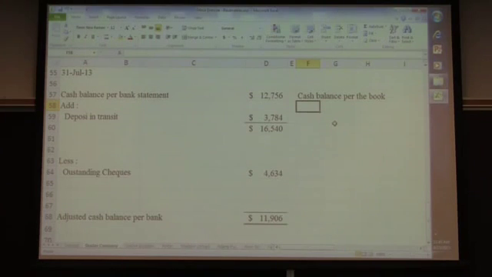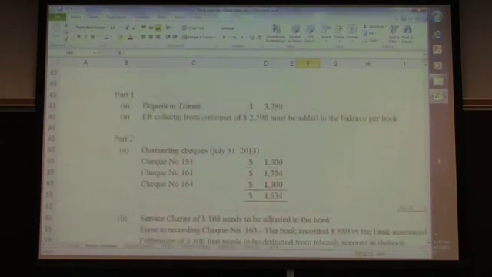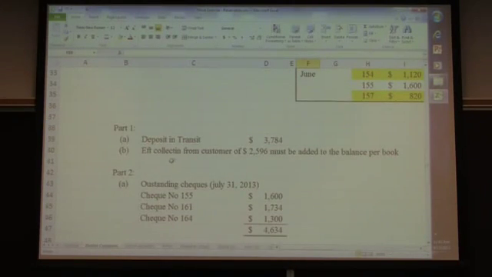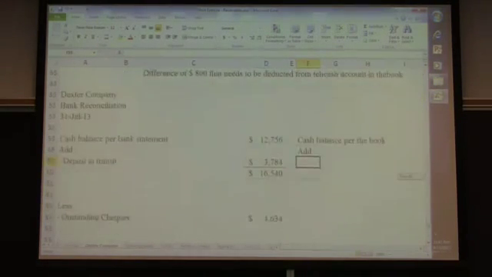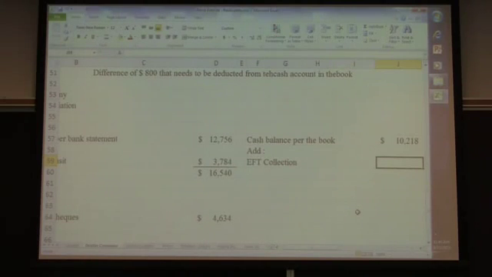If you take a look at the balance for the book, we have already mentioned earlier that there is an electronic deposit that needs to be accounted for in the book. So we should add the electronic deposit, which is 2,596.